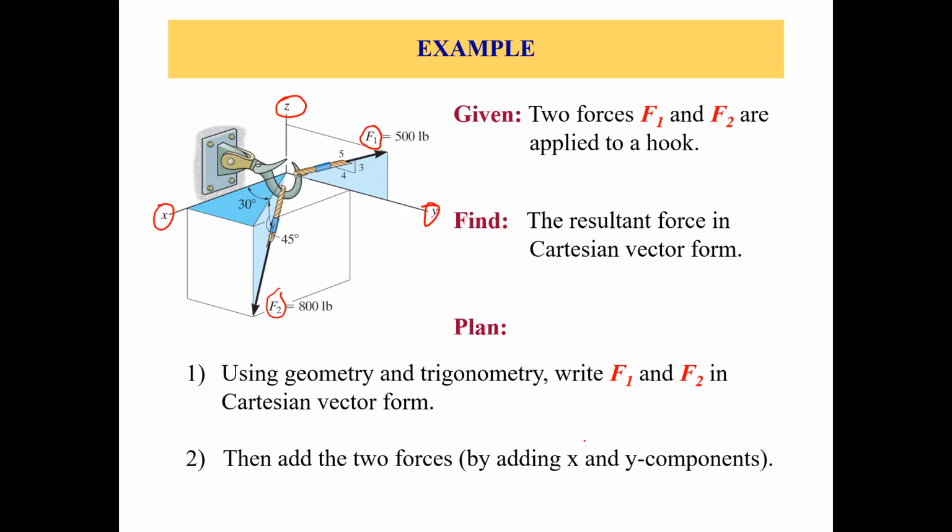So we'll resolve F1 and F2 into their components, right? And then we'll write those in Cartesian vector form. Then what next? We just need to add the 2 forces by adding x, y, and z components, all right? Because this is a 3D space problem.